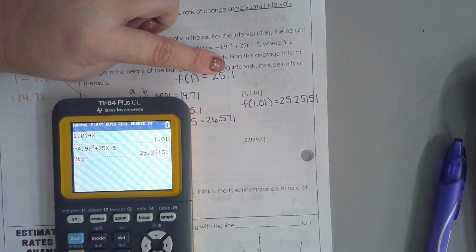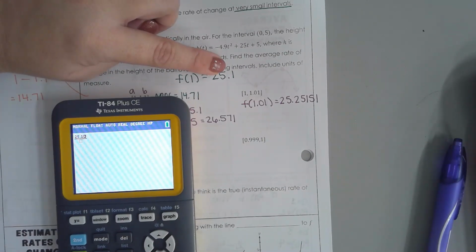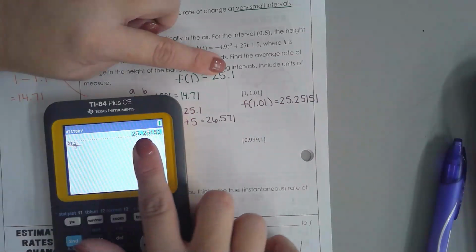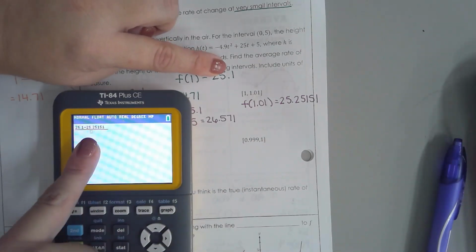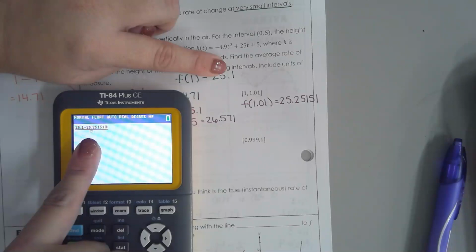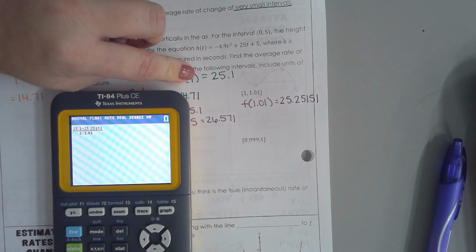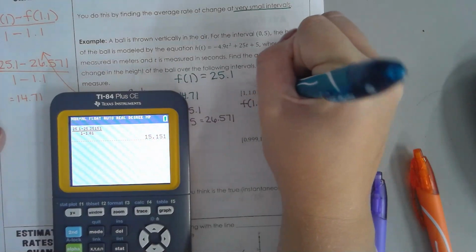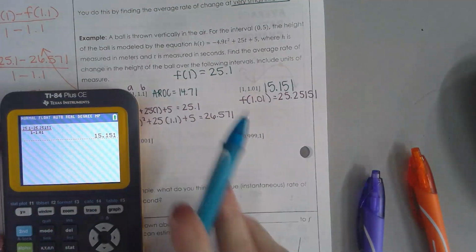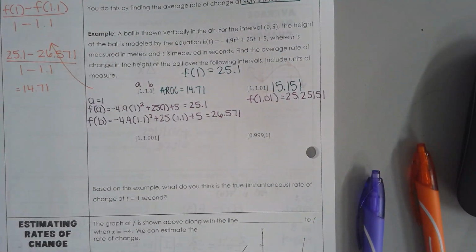So 25.1 minus, let me show you this, especially if you have a long decimal, if I arrow up and highlight it and hit enter, it puts it back where my cursor was. So you don't have to retype the whole thing. Over 1 minus 1.01. Alright. So those numbers, in the world of pre-calculus, are pretty far apart.